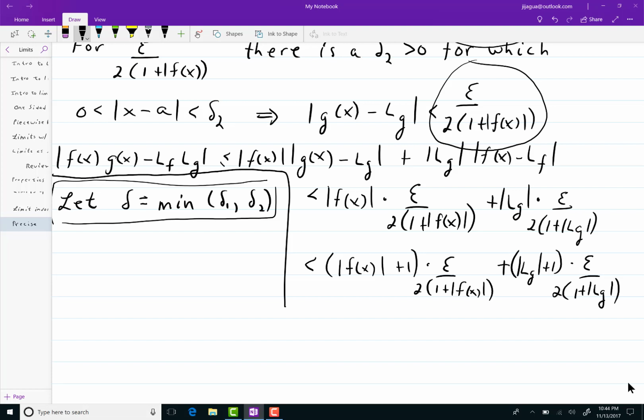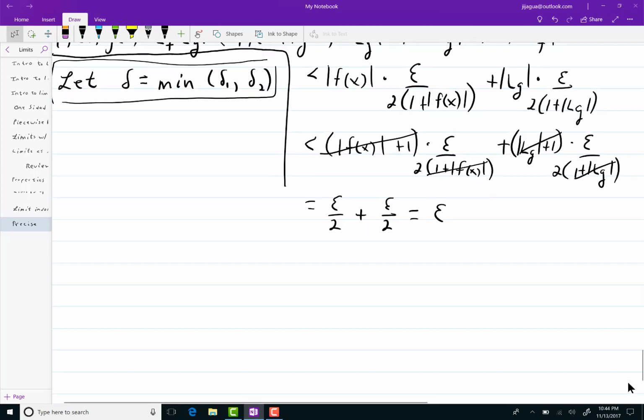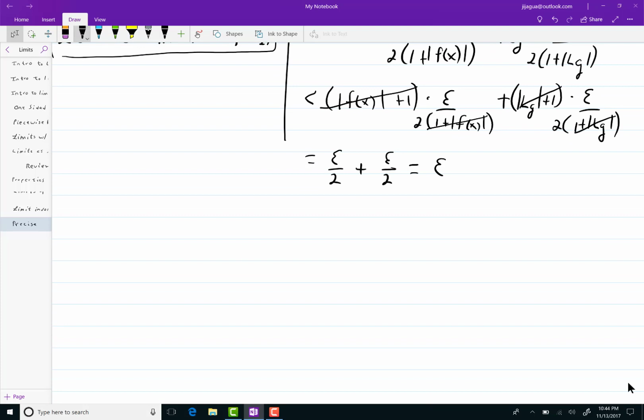Well, now it works out perfectly because now I can cancel. And I'll get equals epsilon over 2 for the first piece. And the same thing happens with the other one. That equals epsilon over 2. So you'll get epsilon over 2 plus epsilon over 2 equals epsilon. So to reiterate, we were given epsilon greater than 0.